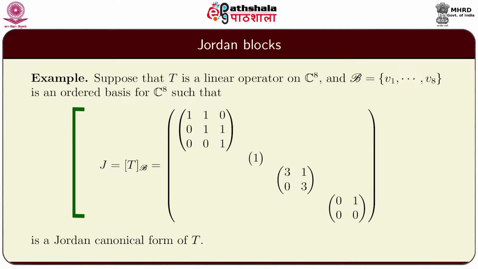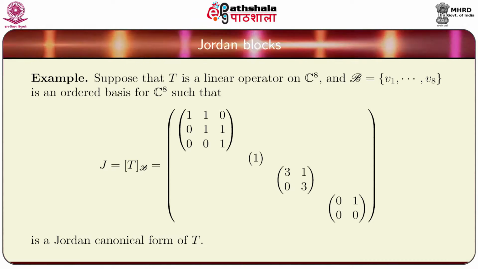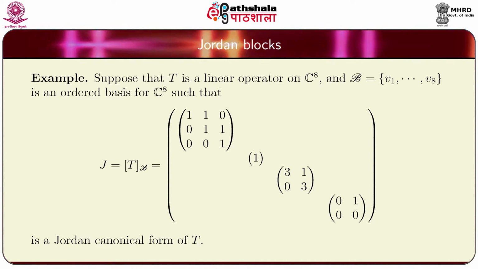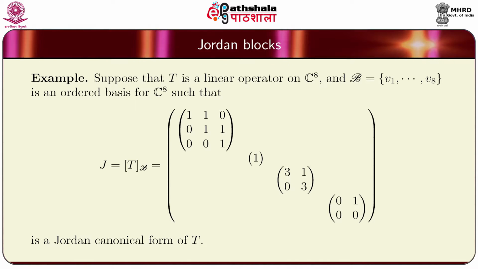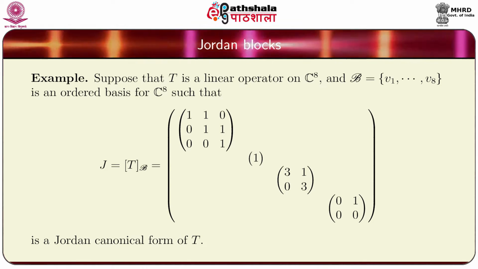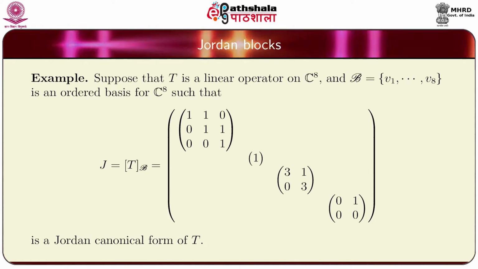You can see on the top left corner, that is a Jordan block J1 of size 3, then you have a 1 cross 1 matrix, and then again a Jordan block J3 of size 2, and another Jordan block J0 of size 2.